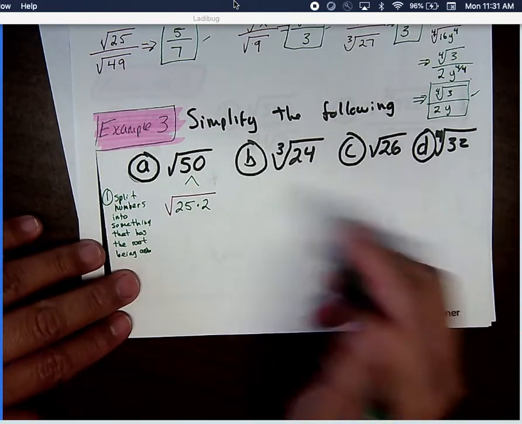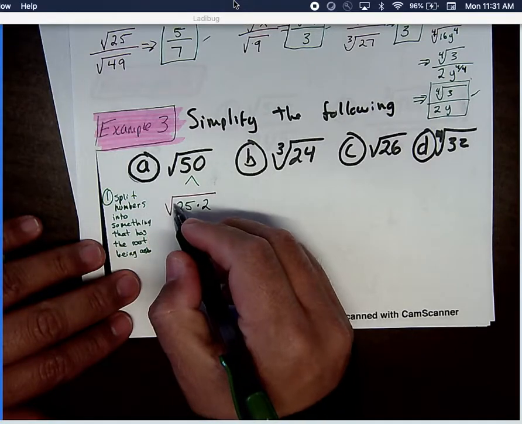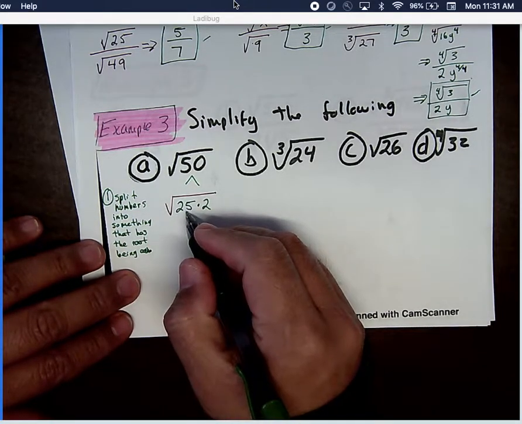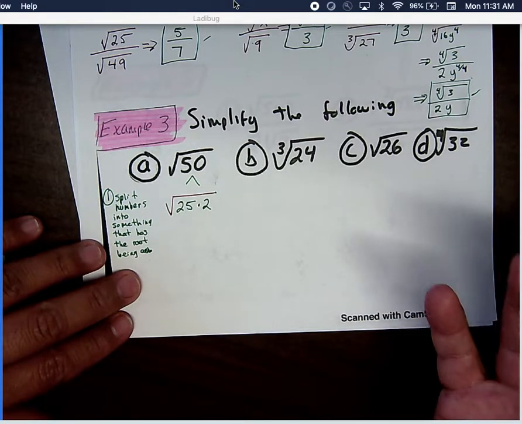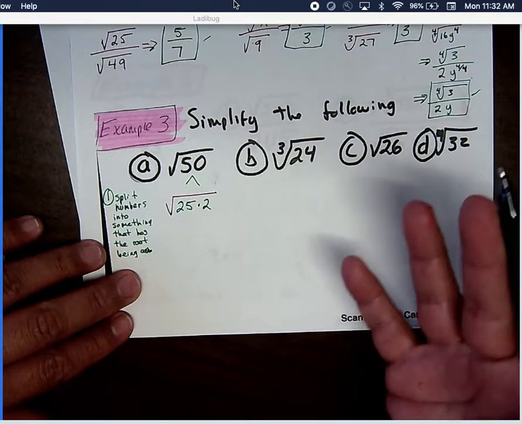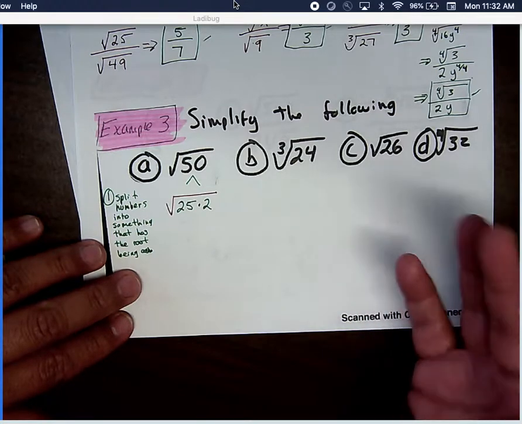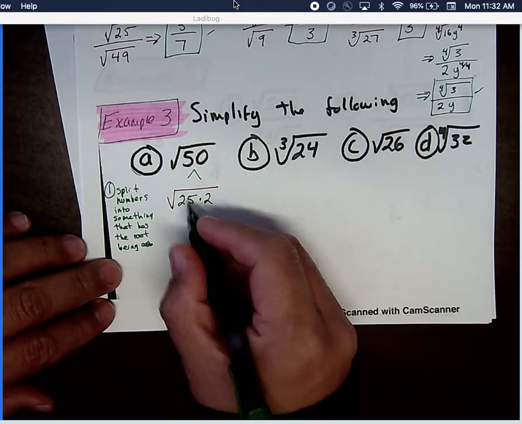And you know that 25 has a perfect square root. That's why I picked 25. You could have picked 5 times 10, but neither 5 nor 10 have perfect square roots. But 25 does. That's why I picked it.